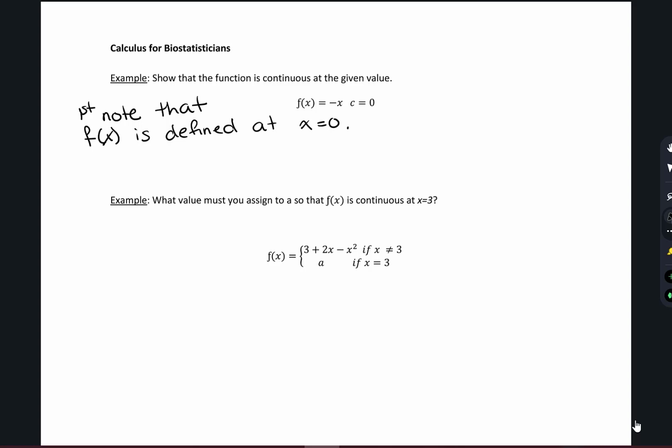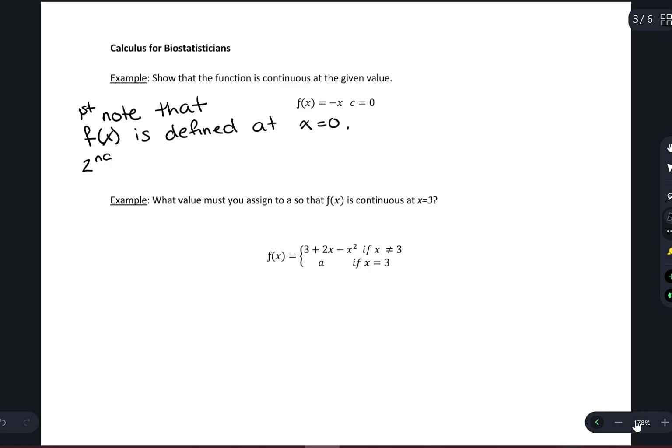The reason that we're concerned with whether or not f of x is defined at 0 is because the value that we're given here is at 0. So we're looking for continuity at 0. It's possible for functions to be continuous at one point, but discontinuous at other points.